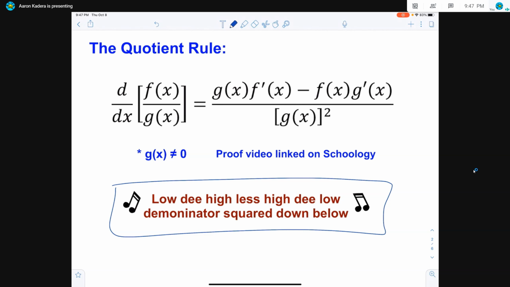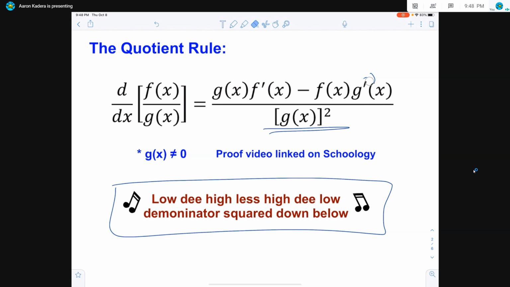What that means is that I have the denominator, low d high, the derivative of the numerator, less high, so that's the numerator, d low, the derivative of the denominator, and then denominator squared down below. So we can see all that as a kind of mnemonic.